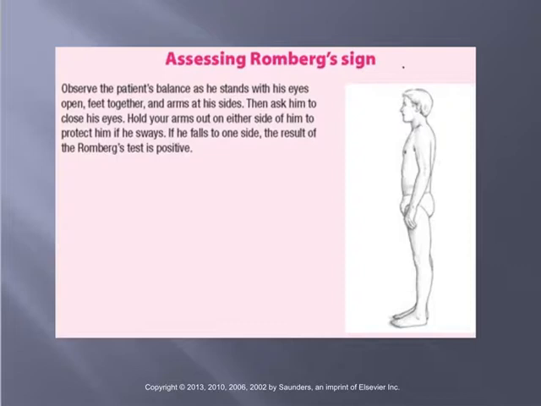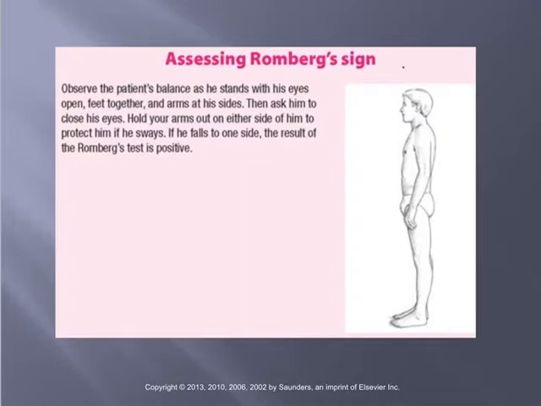Neurological tests that we can do include the Romberg sign. What we do is have the patient stand with their feet together, their eyes open, and their arms at their side. They should be able to stand without swaying. Now, if they close their eyes, they should also be able to stand without swaying. If he or she sways or falls to a side, that's a positive Romberg test.